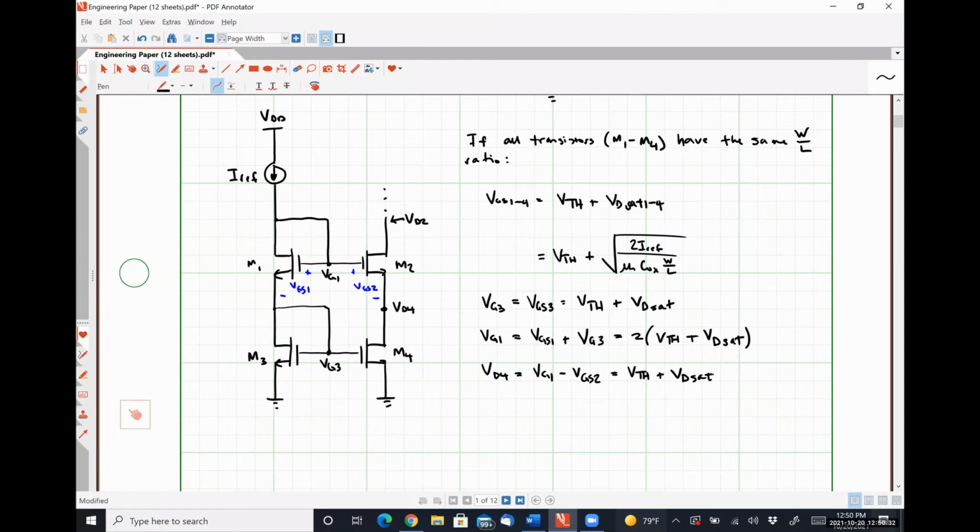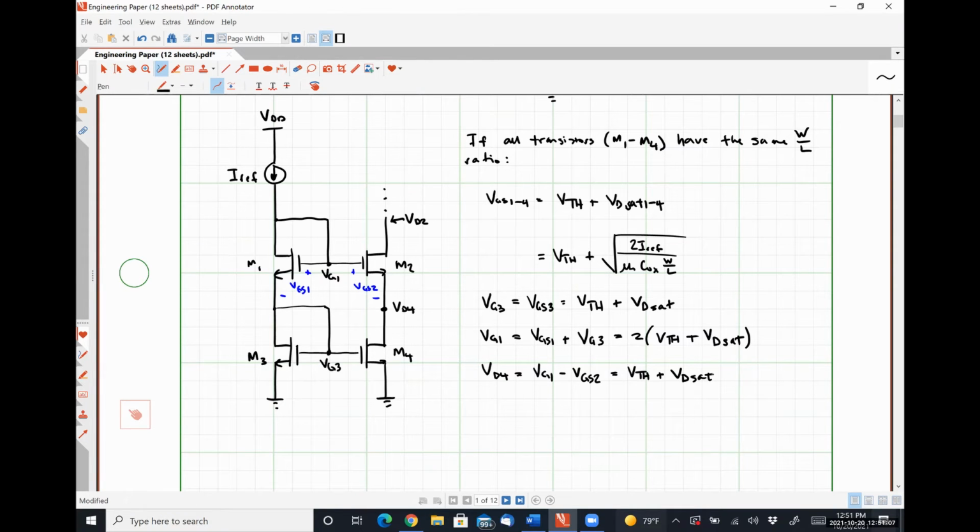So let me ask you guys a question. Is this voltage less than, equal to, or more than what we need to keep transistor M4 in saturation? More than, because to keep it in saturation, it just needs to be at exactly VDSAT, right? So this contribution right here is going to eat up a little bit of headroom, right?